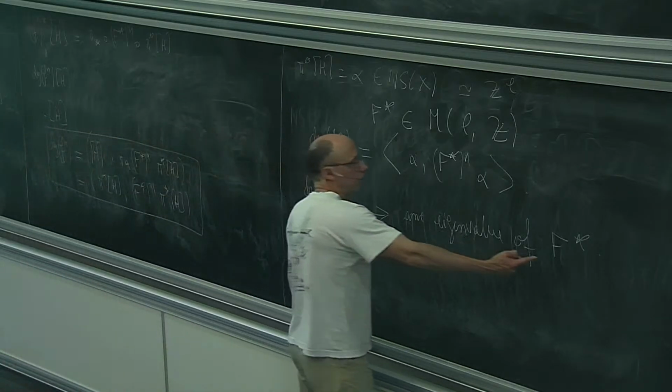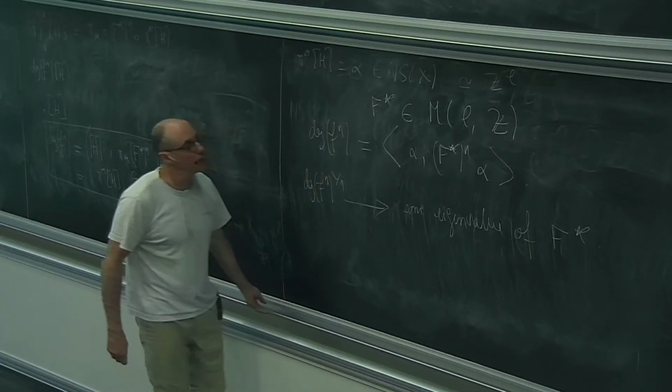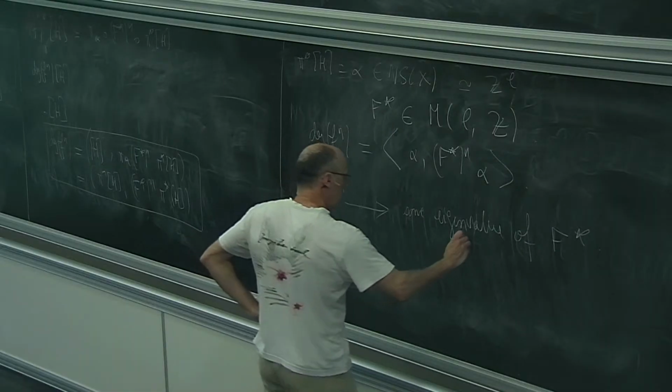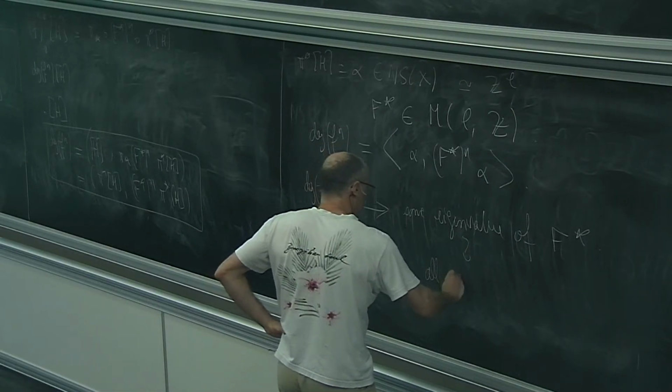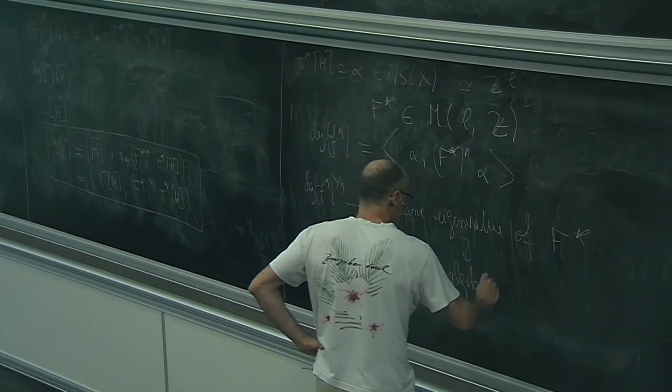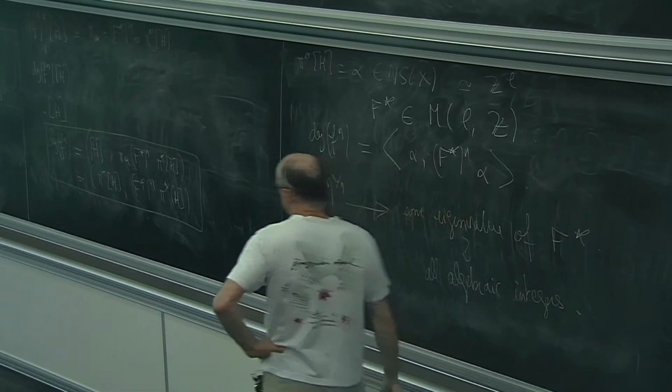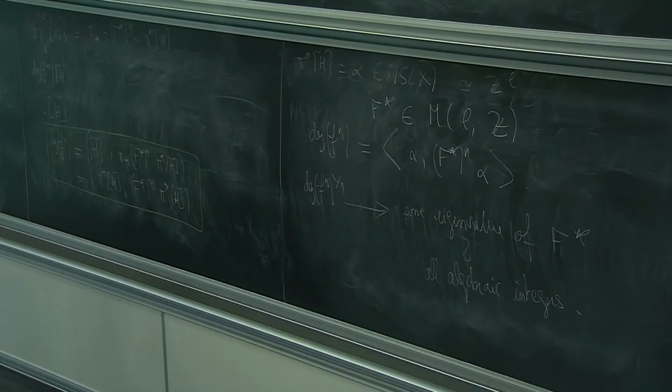But your matrix here, f star, is with integral coefficients, and so they are all algebraic integers. So it doesn't say anything about the Galois conjugates and so on. You need a little bit more, okay?